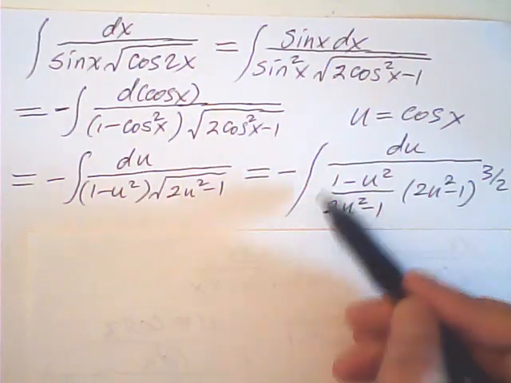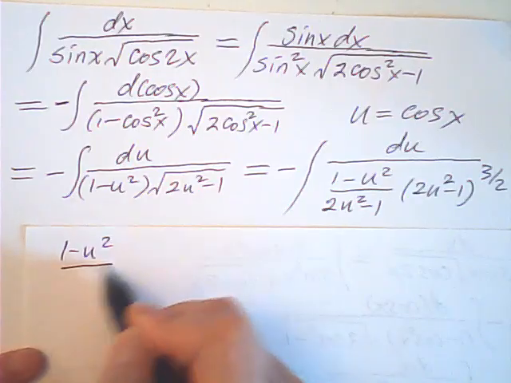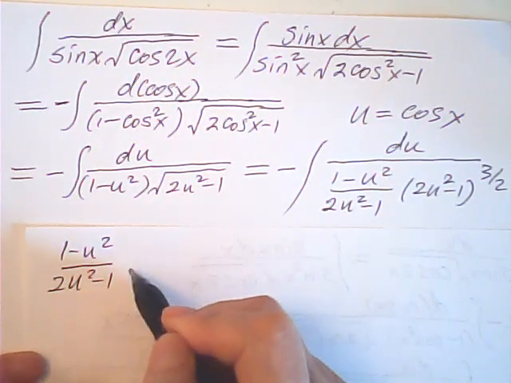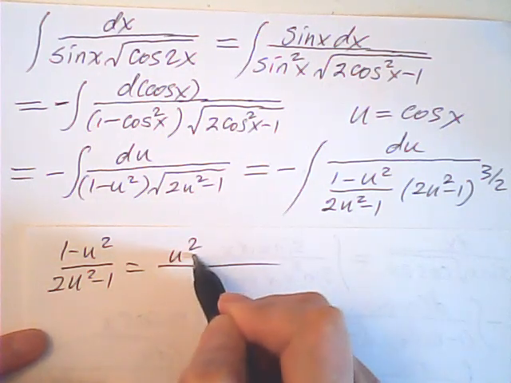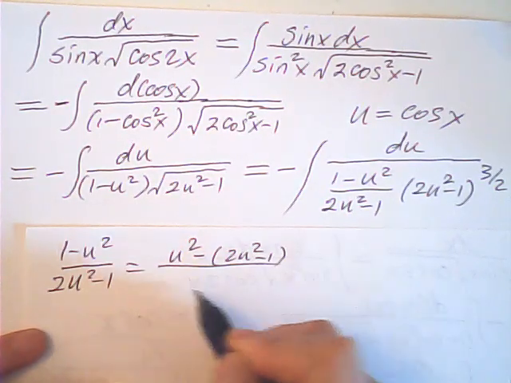Well, first let me discuss this one: 1 minus u squared over 2u squared minus 1. This one is equal to u squared minus (2u squared minus 1), right?